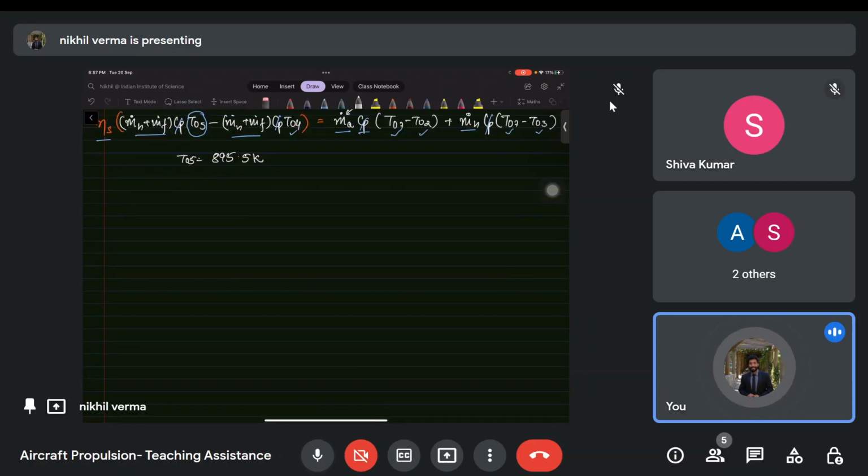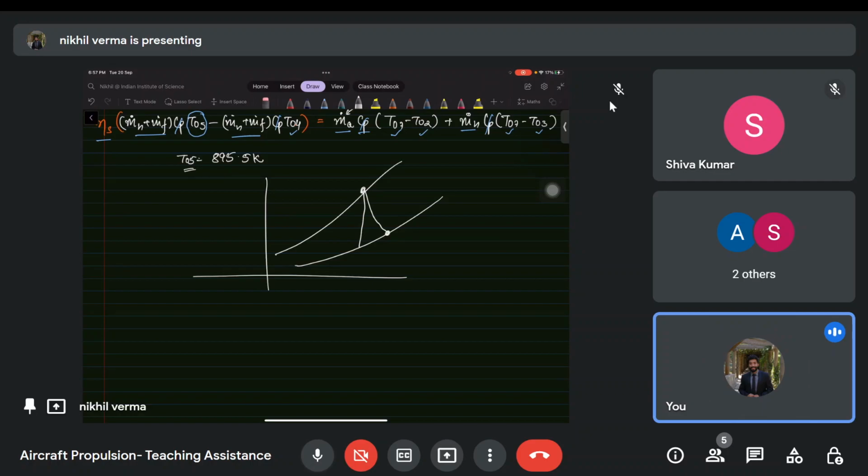Now we have to calculate the pressure. So for a turbine, this is the actual temperature. This is 1328. This is 895.5 Kelvin. This is T naught 5 dash.